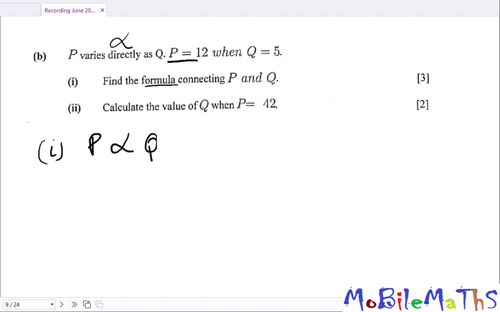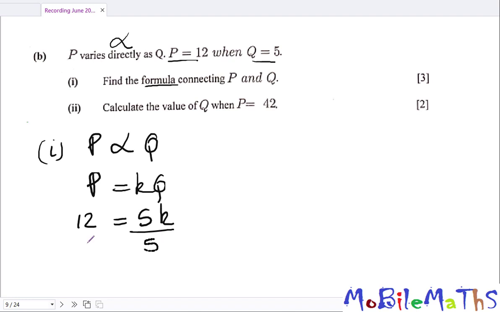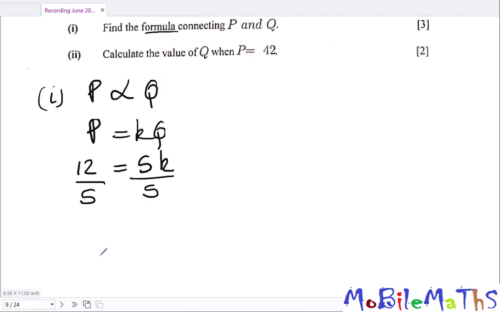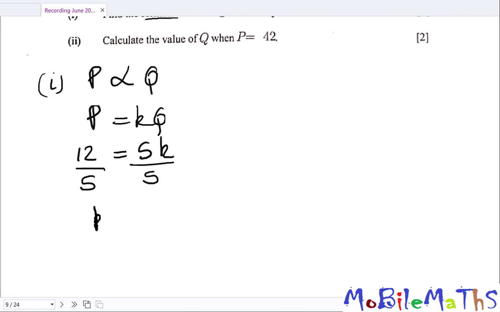Then we are given this information, so we need to find the value of a constant. Introducing a constant here, I'll get P is equal to KQ. P is 12, so I can say 12 is equal to 5K. Now, dividing every side by 5, I'm getting my K is equal to 12 over 5.